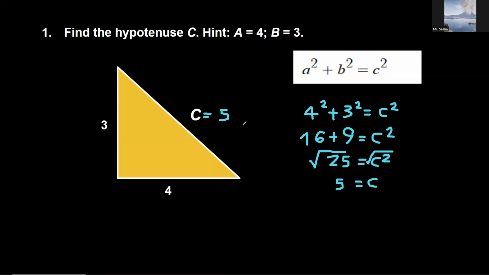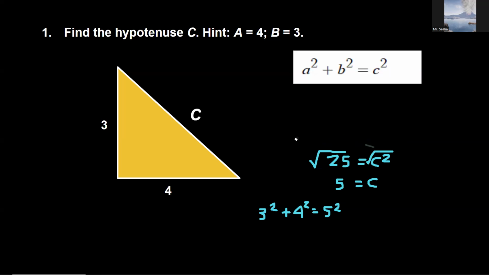You get it? So we're understanding. So we have 3 squared plus 4 squared is equal to 5 squared. There we go. You see how we solve it? Okay, now we're going to move on to a little bit more of a difficult problem. Let's move on.